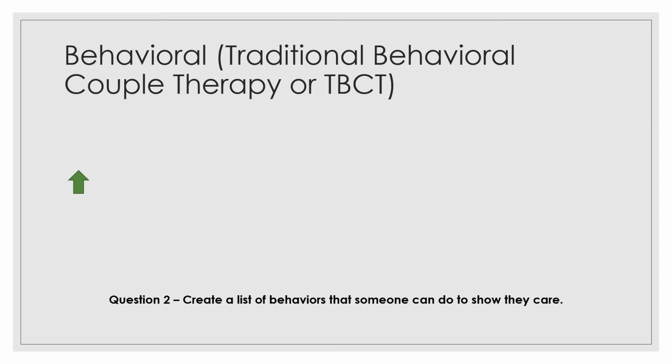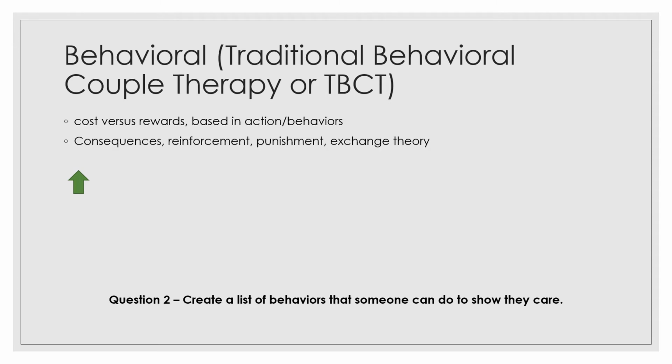So the first approach I want to talk about is behavioral cognitive therapy for couples, or traditional behavioral couple therapy. The basis of this framework is to look at the cost versus rewards, and these are based in actions and behaviors.